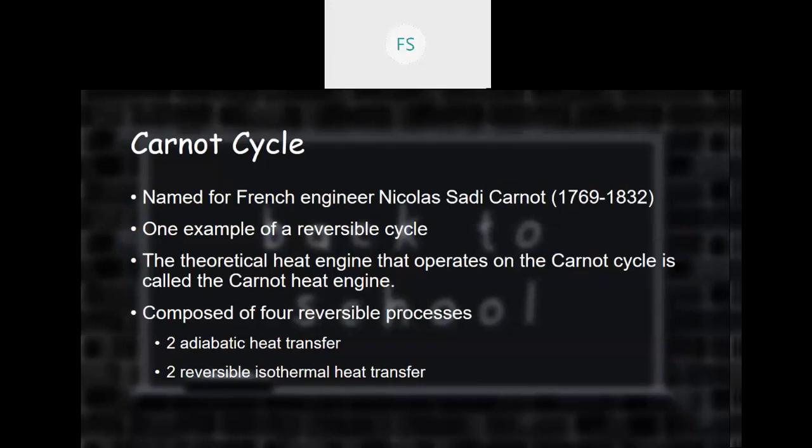The theoretical heat engine that operates on the Carnot cycle is called the Carnot heat engine. This Carnot heat engine is composed of 4 reversible processes. 2 of them are reversible adiabatic processes and the other 2 are reversible isothermal heat transfer processes.